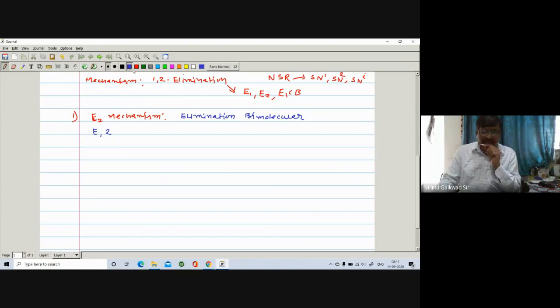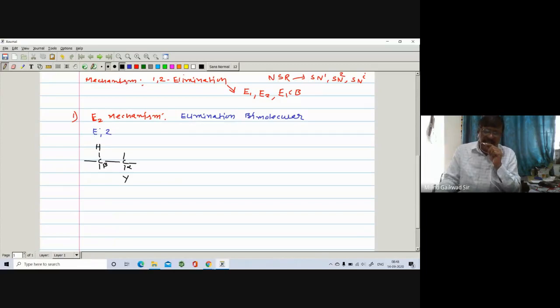Again, same thing we'll see here. We have a starting compound, here is a carbon, right? Here is also a carbon. The valency of carbon is 4. Suppose this is a carbon called alpha carbon, and this is a beta carbon. On the alpha carbon, there is a group called Y, and on the beta carbon, there is a hydrogen.